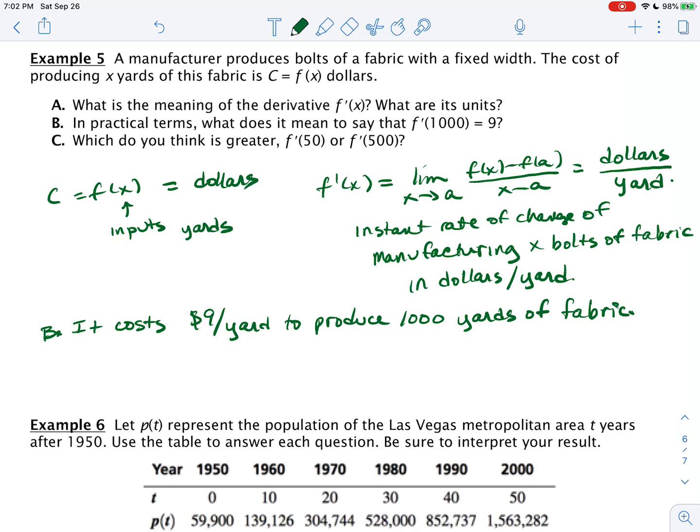If it is the cost per unit, my guess would be the more expensive one would be the smaller one, right? I think it would be more expensive to produce 50 yards versus 500 yards, because if you have mass production, it might end up being cheaper to do more of them. So my guess is that it would be the first one.